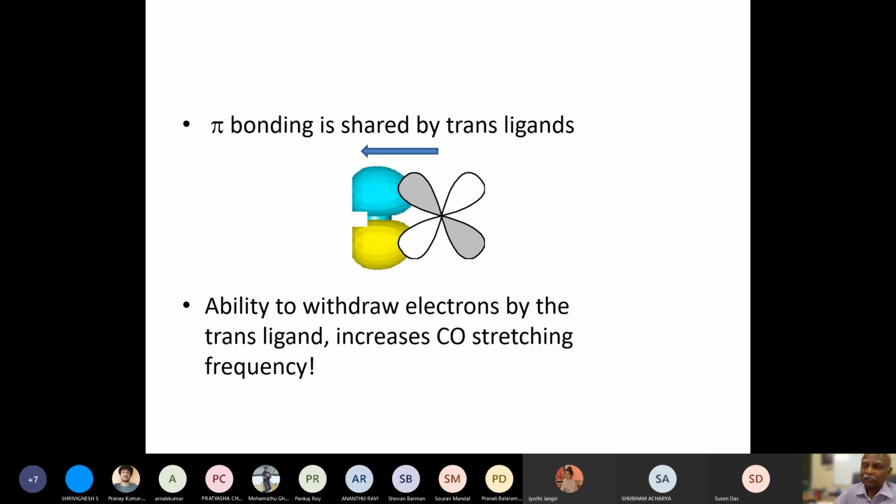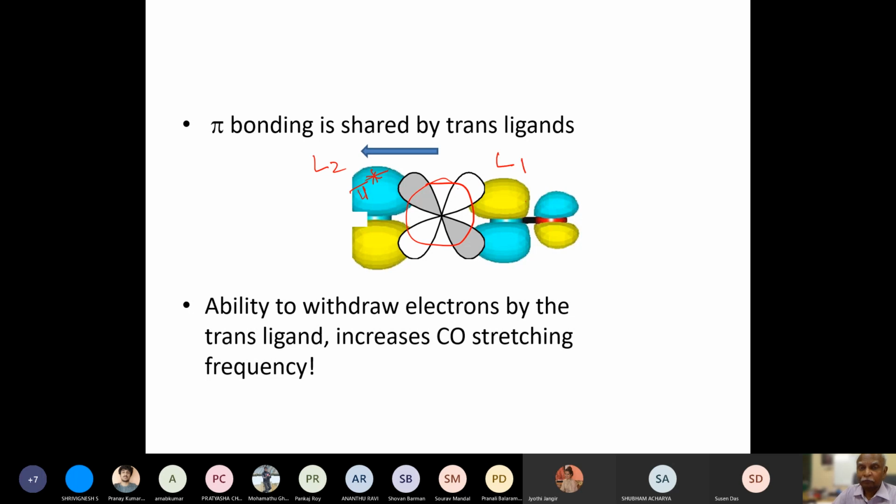So if I'm pushing electron density from the metal to the pi star on one ligand, the carbon monoxide on the trans geometry is also competing for the same t2g orbital. It is the same t2g orbital that is being shared by ligand 1 and ligand 2, L1 and L2 being trans to each other.